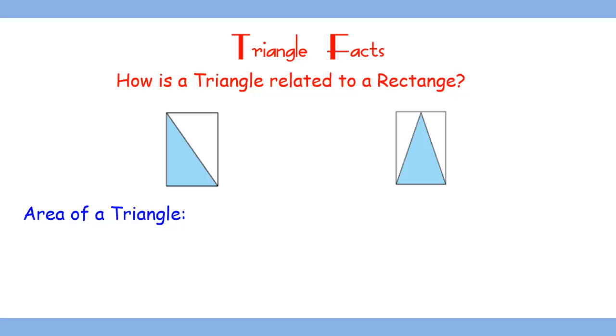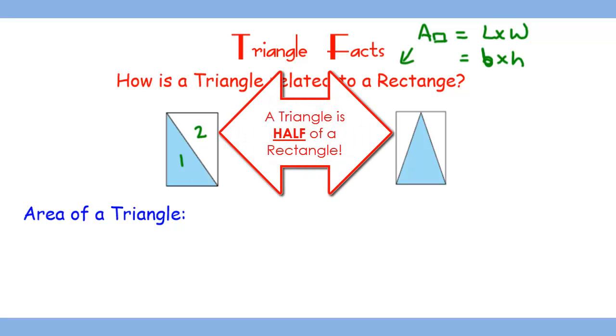So how is a triangle related to a rectangle? To recap, the area of a rectangle, which I'm going to draw a little rectangle, is basically length times width, or we can also call that the base times the height. And as you can see from this picture, this rectangle is divided into 2 equal sides, so a triangle is basically half of a rectangle.